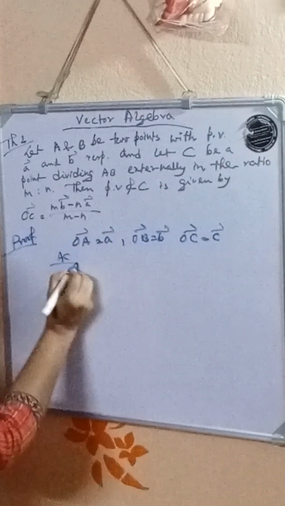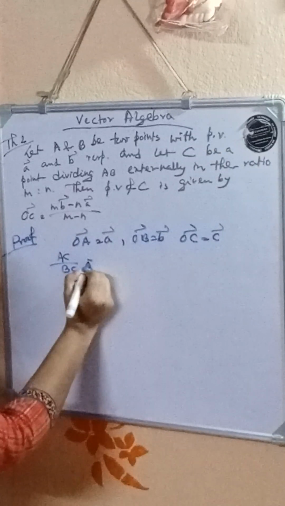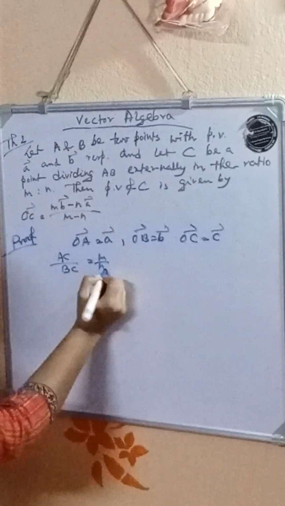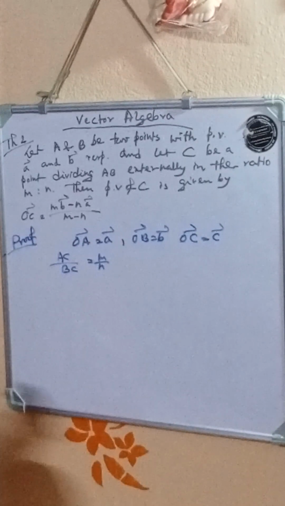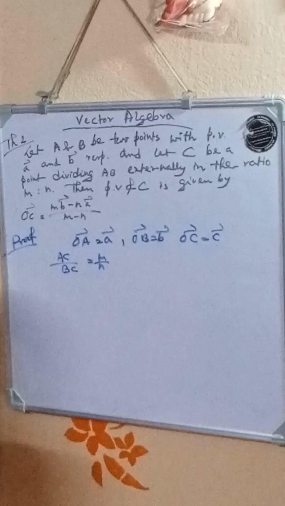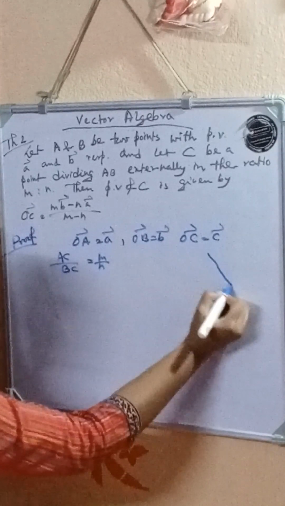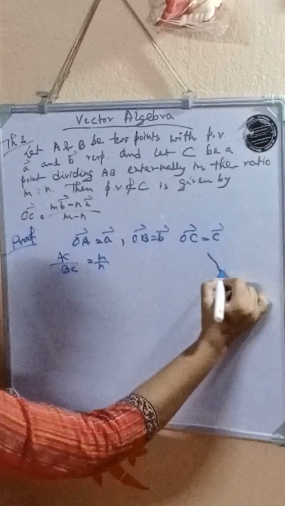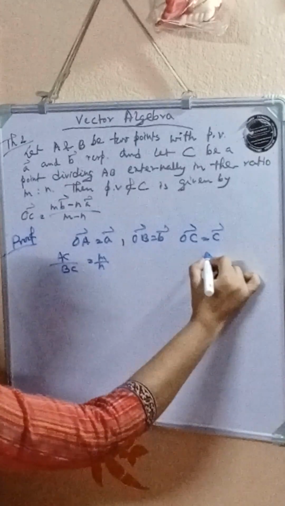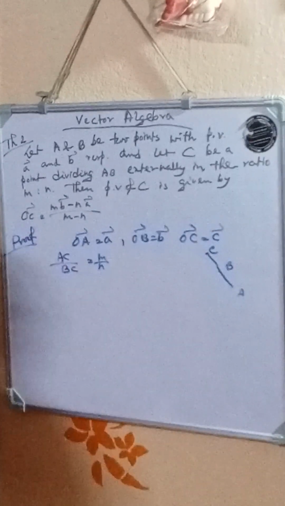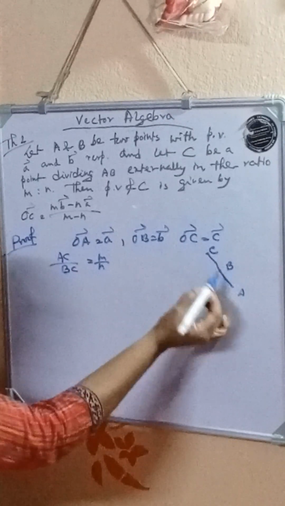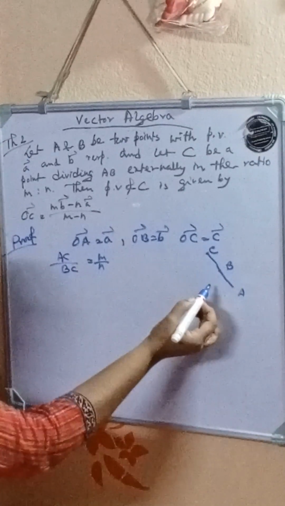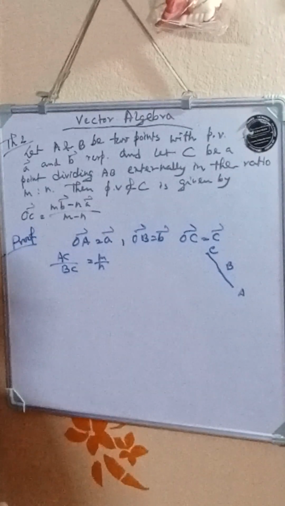Then AC by BC equals m by n. This is A, B, C. C divides AB in the ratio m is to n externally.